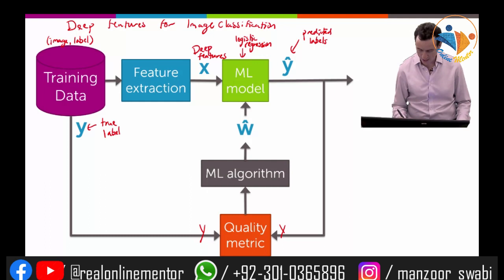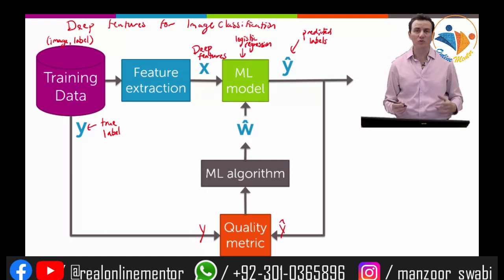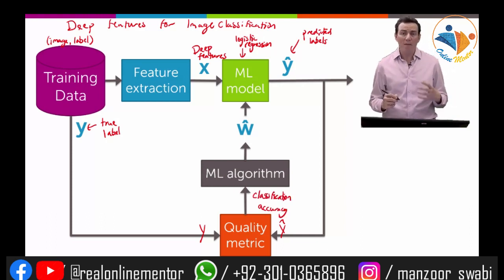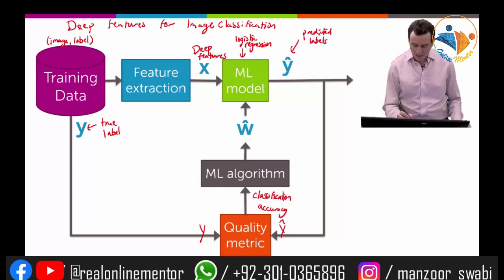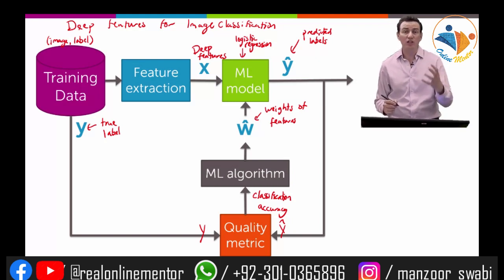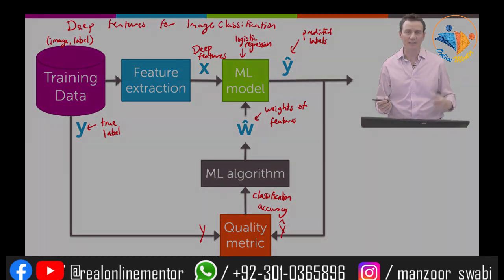So y and y hat, and the measure of quality depends on your task. For this task, we use classification accuracy. And so the parameters w hat are really the parameters, the weights of the logistic regressor. So these are our weights on features. And what the machine learning algorithm is going to do is take the classification accuracy, try to make it a little better by changing those weights w hat and updating them.